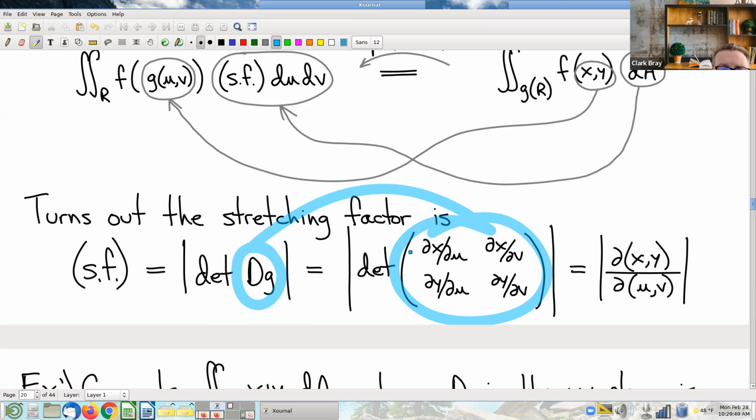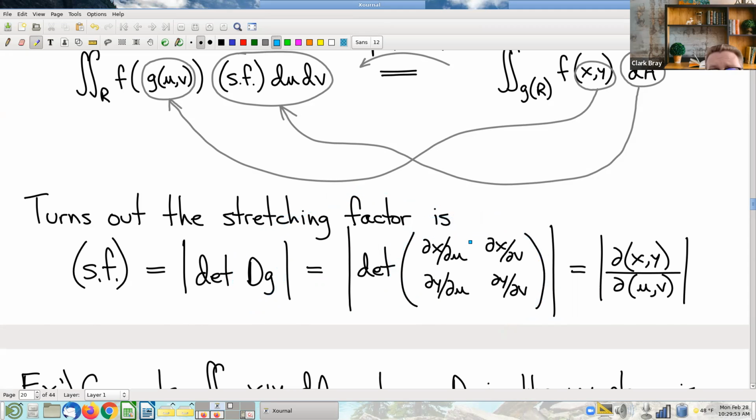But this actually suggests an alternative notation that I think is fantastic. It is a little bit sloppy in a way, but it's super convenient.